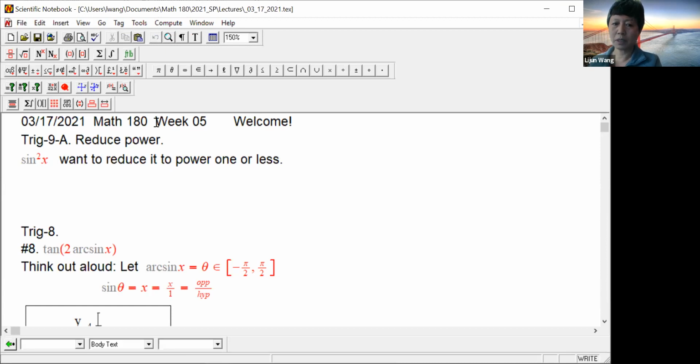Could you bring up the formula sheet with you? You know where to find it? I'm going to point out which formula I'm talking about on the formula sheet.